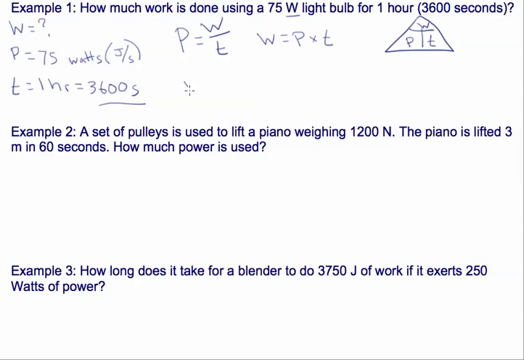And if we plug into our equation, we have 75 watts times 3,600 seconds. And remember, a watt is a joule per second, so the seconds cancel out, giving us joules. And it does 270,000 joules of work.